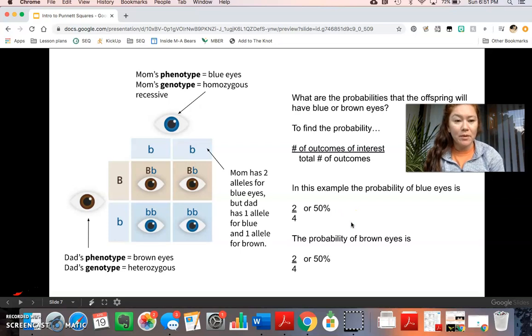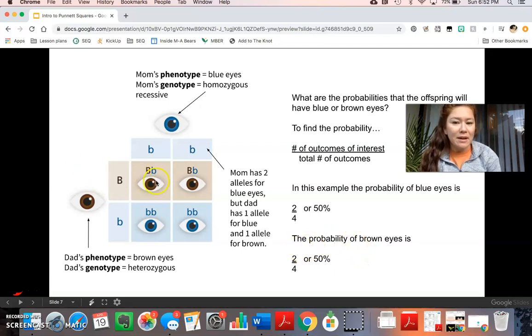In this example, the probability of blue eyes is 2 out of 4 because there were two possible ways to make an offspring with blue eyes, and 2 out of 4 reduces to 50%. We usually give our answers in percent, not in fractions. And the probability for brown eyes is 2 out of 4, or 50%. Remember, all of these percentages should add up to 100%.